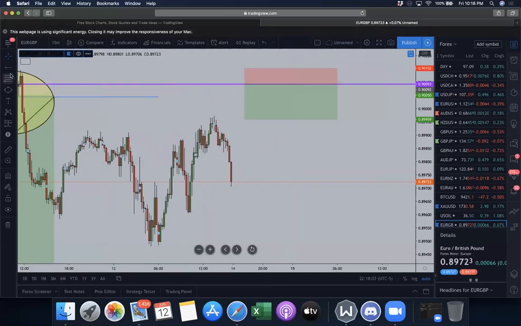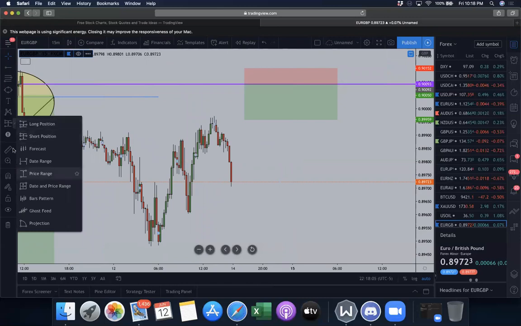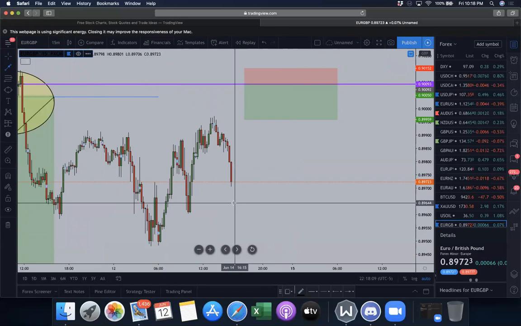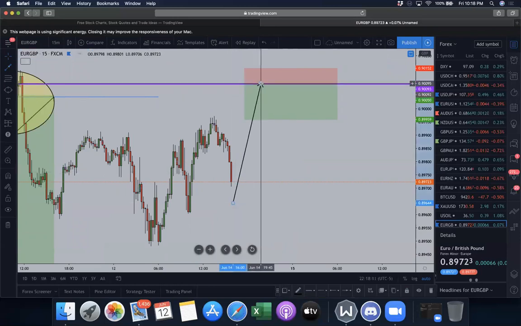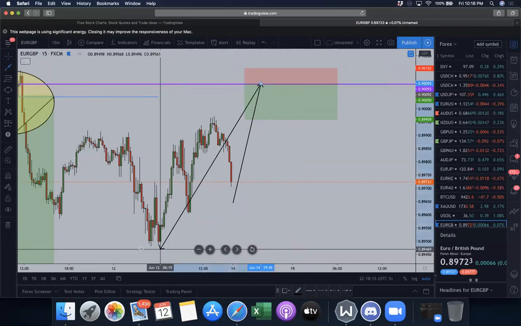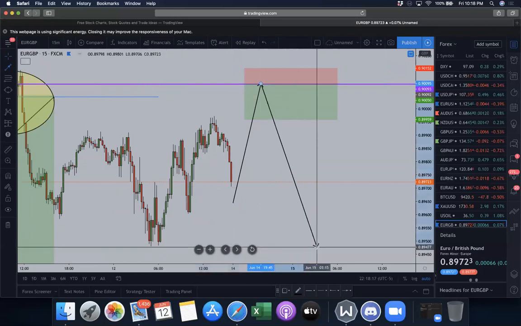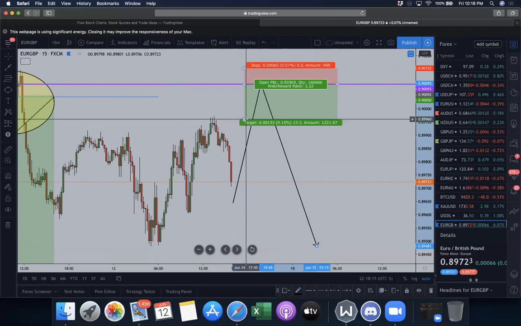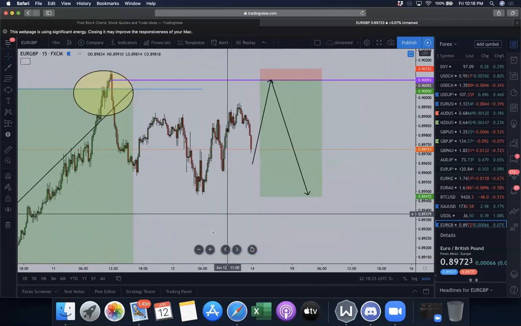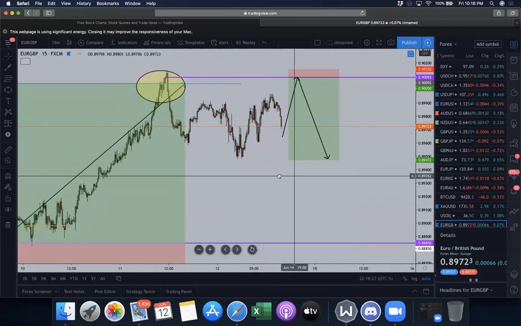So what we might see is retracement back up, hit our entry, and then we would look for the short. Probably would target these lows here. If that played out, that's a 1 to 10 risk to reward ratio. We're risking 6 pips to make about 60. But that's what we would look for.